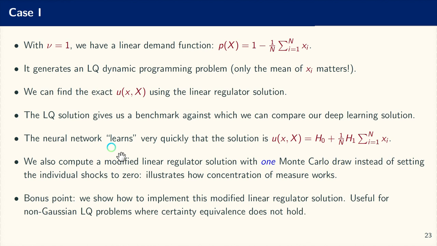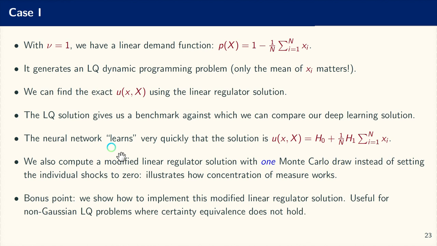The linear quadratic is one of the cases where it's okay to set the individual shocks to 0. Remember, I told you in general that's not the case, but for this particular case it is okay to do so. And in that way I can look at the exact linear quadratic by setting the idiosyncratic shocks to 0, and the linear quadratic with this one random draw.